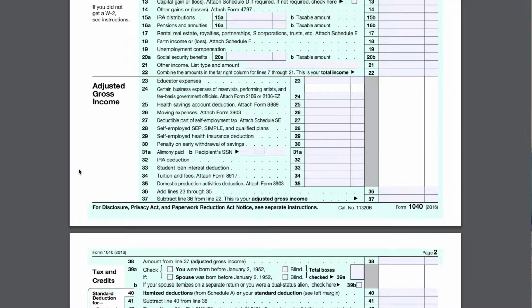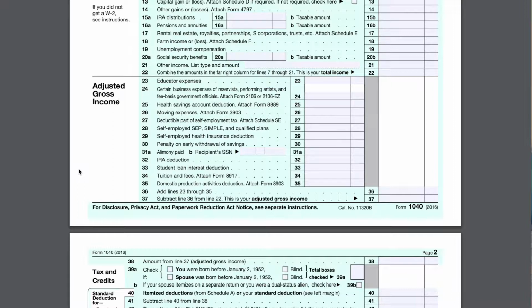Line 24, business expenses for small categories of small business owners. What these do is get these off the Schedule A or off the 2106 and bring them to the front. And so that is certain government officials, and then reservists, and then occasionally performing artists.